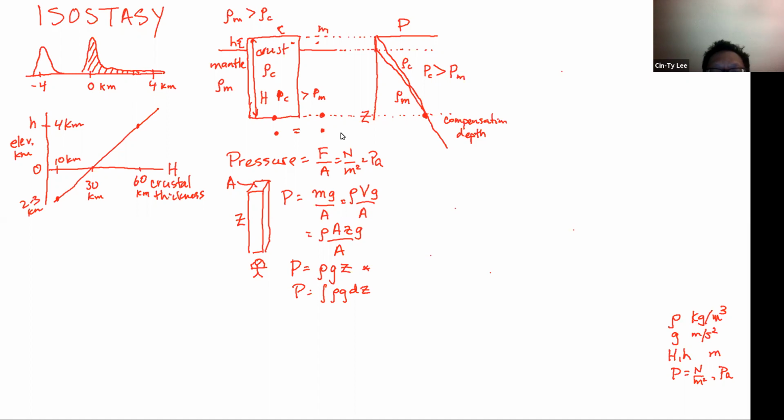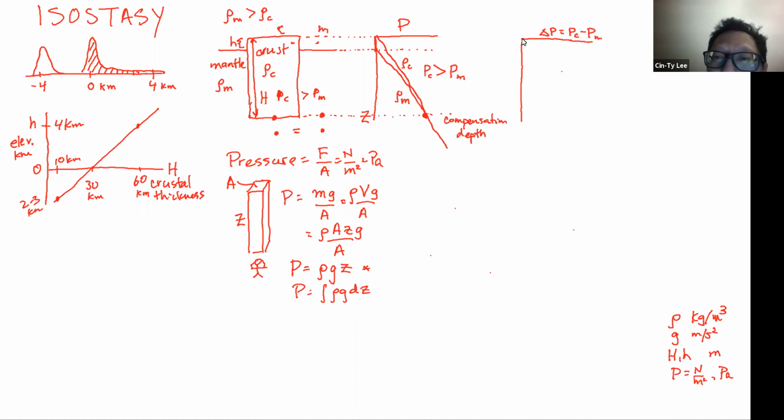Okay. Now I could take the scenario where, oh, I guess I should also plot here before I get to that. Let me write the delta P, where delta P is the pressure in the crust minus the pressure in the mantle. Okay.